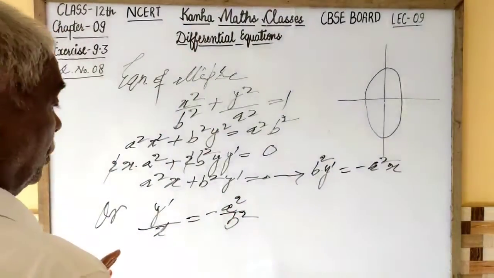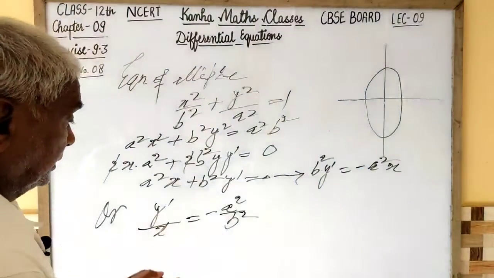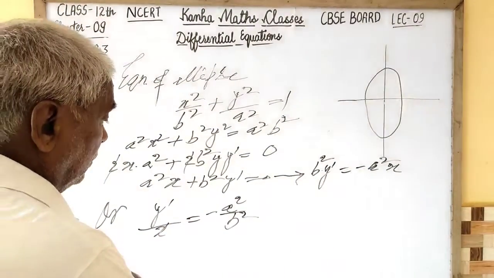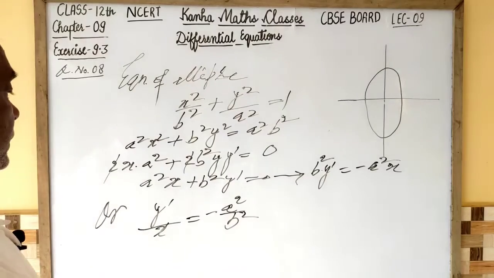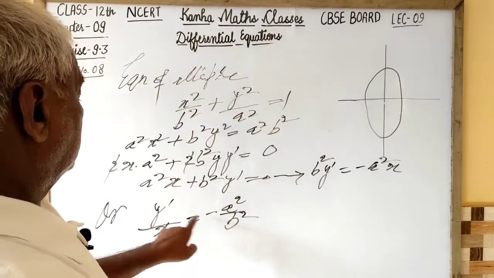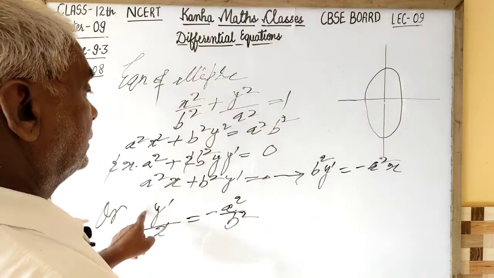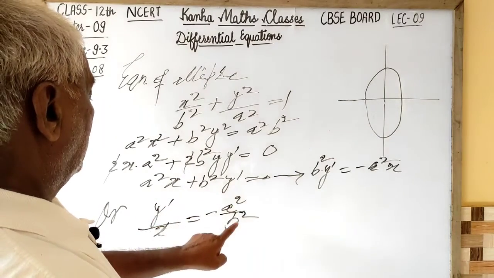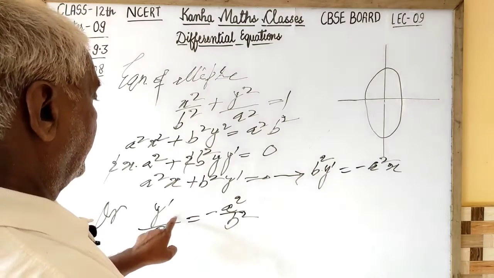In order to separate the constant on one side, this will be equal to a square x plus b square y dash.